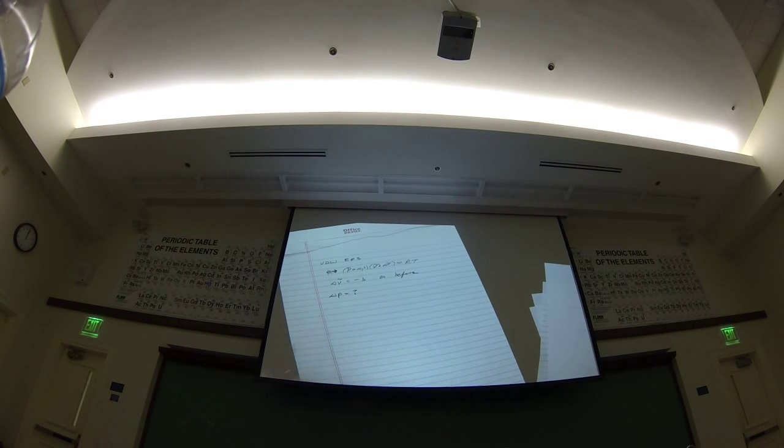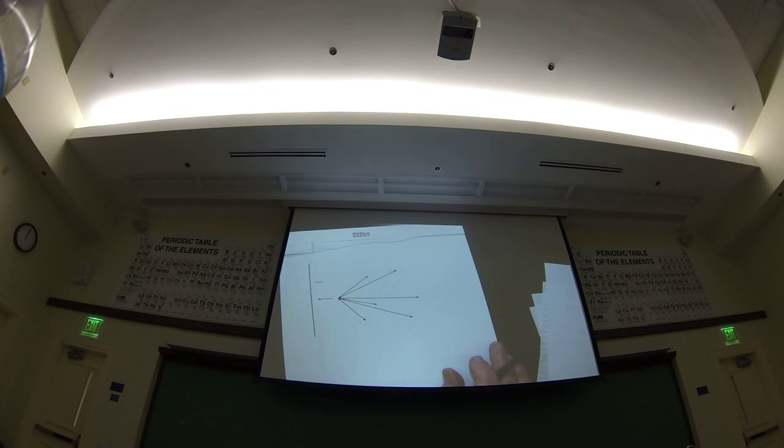Here's a molecule that smacks the wall, and we get a pressure reduced due to lower impact force.